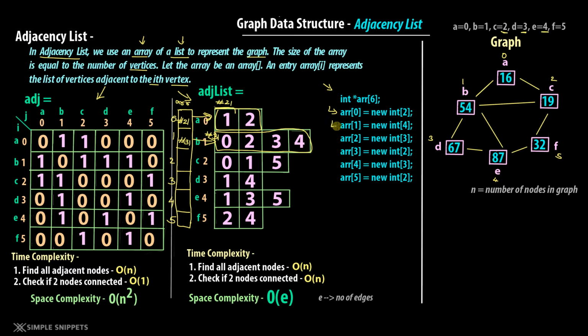So individually you can see we are creating multiple arrays in the memory with different sizes depending upon the number of edges that are connected to that particular vertex. So 0 stands for A, as I mentioned. For A we know that we have 2 connections, so that's why we have created an array of size 2.